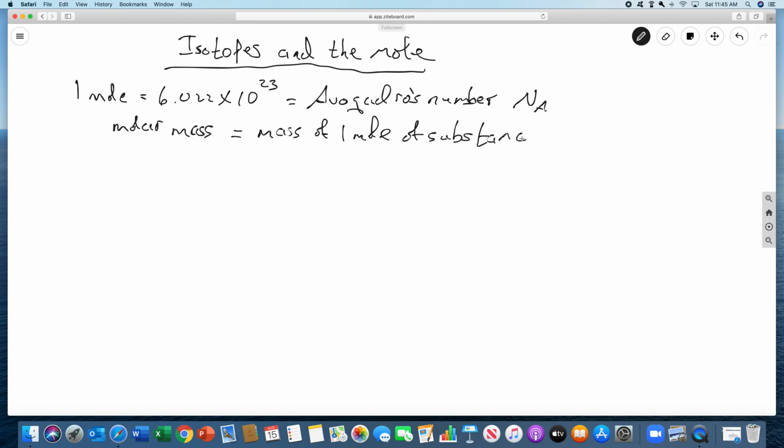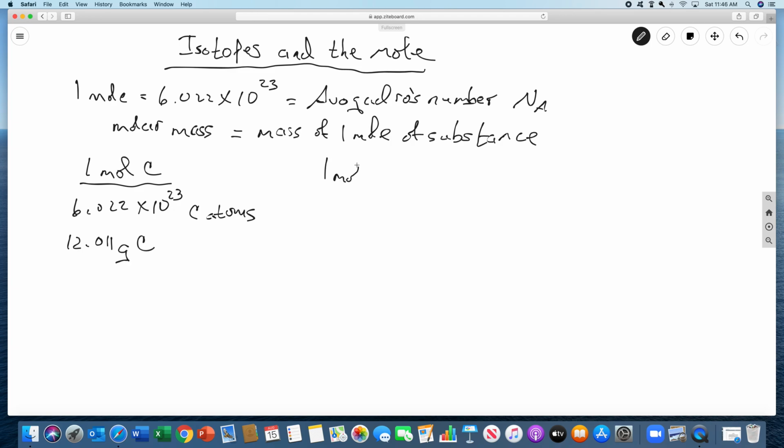And again, you should have had extensive stuff about this in your lecture, but that means 1 mole of carbon is 6.022 times 10 to the 23rd carbon atoms. It's also 12.011 grams of carbon. And of course, I get that number from the periodic table.